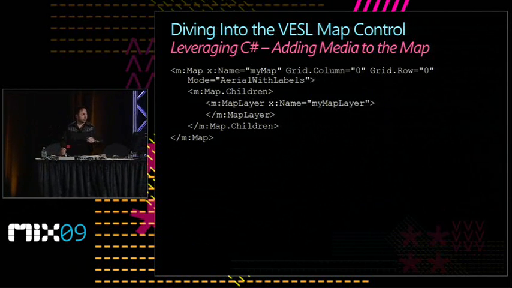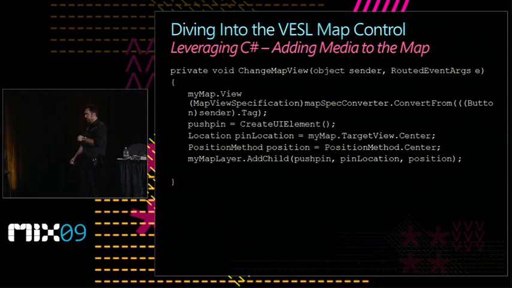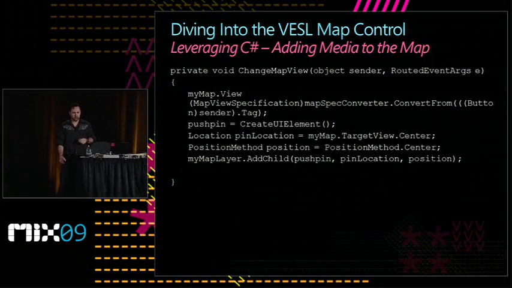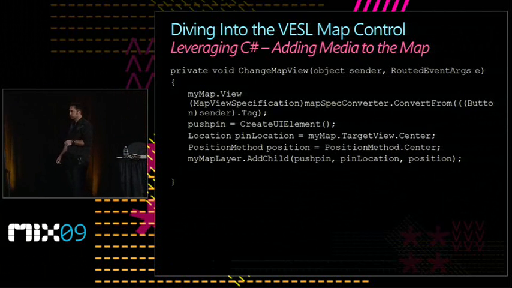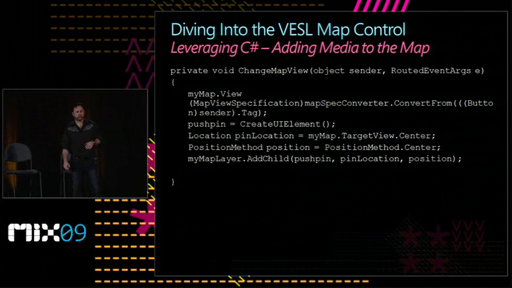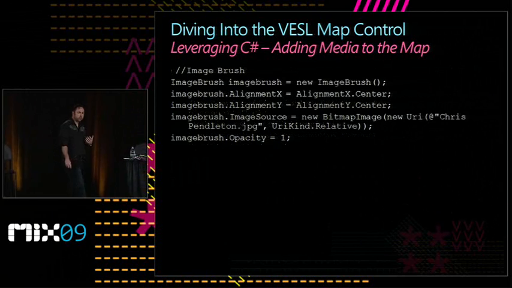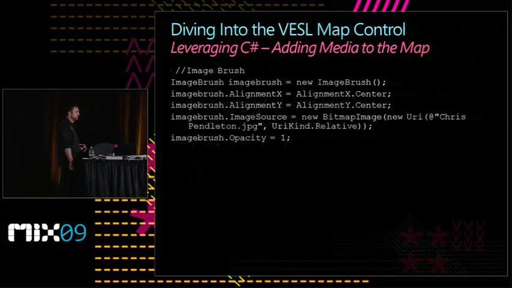Okay? So again, we're going to append this layer as a child to the map. We're going to specify the viewport. I want it to go into a very specific region at a very specific zoom level. And then I'm going to start leveraging the brushes.